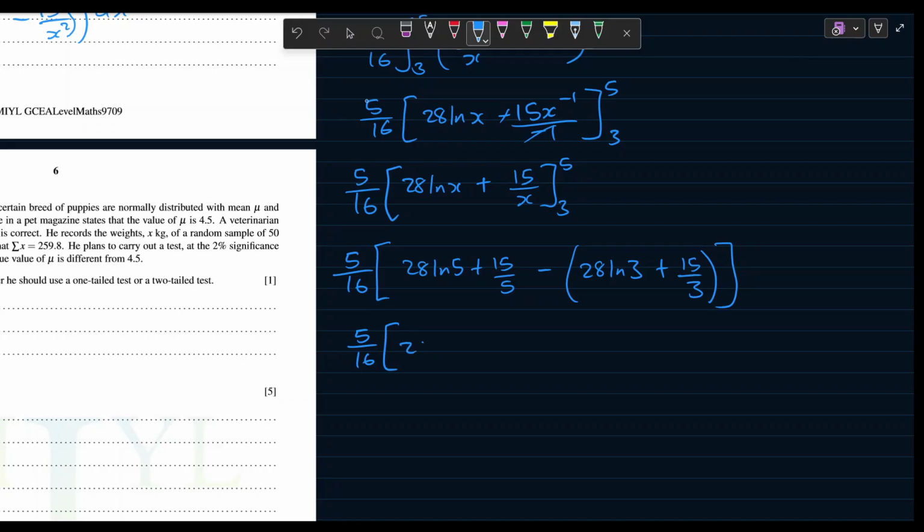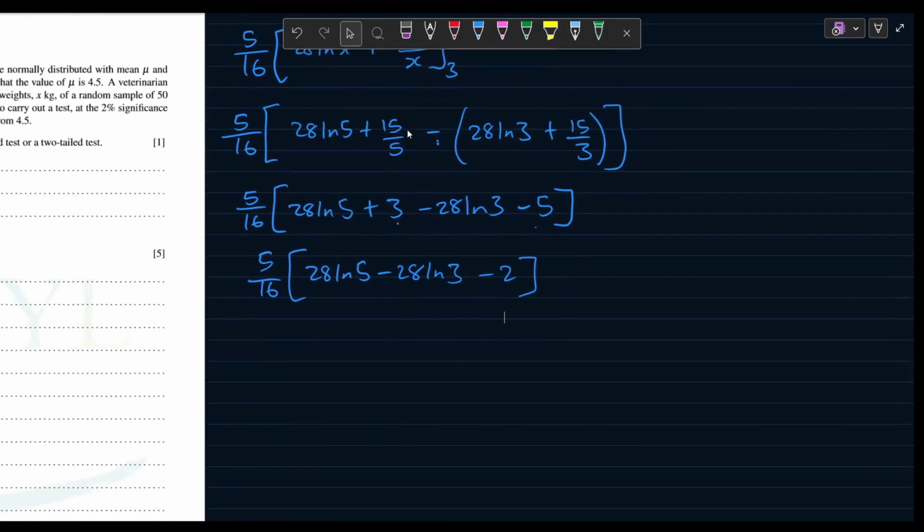And then we've got 28 ln 5. 15 over 5 is just 3. Then here we've got minus 28 ln 3. And then we've got 15 over 3 is 5. So it's minus 15 over 3, so minus 5. And so this is 5 over 16 times 28 ln 5 minus 28 ln 3. And we've got 3 minus 5, which is minus 2.